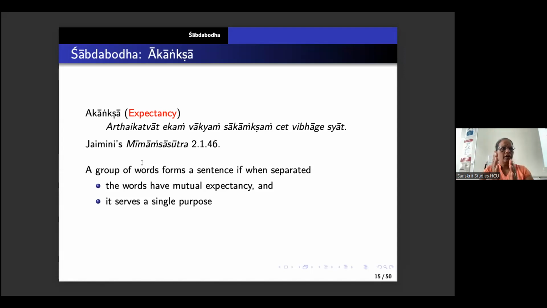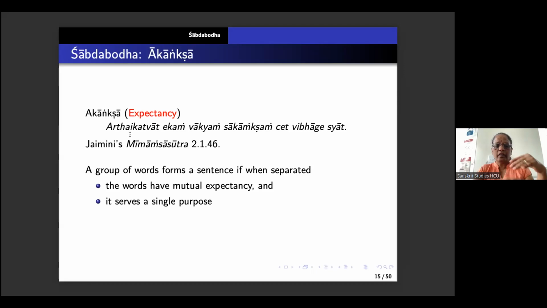You need to make it one unit. So this is one criterion. Another aspect of it is that the whole thing should serve a single purpose. Here the artha is the purpose, not the meaning.